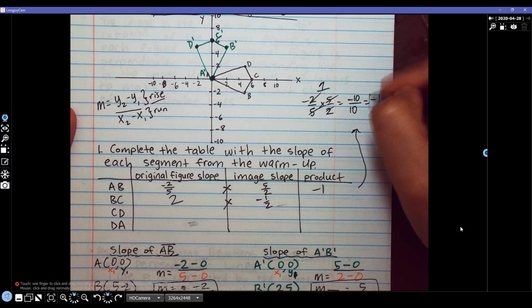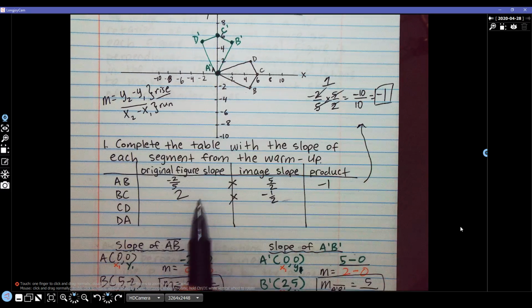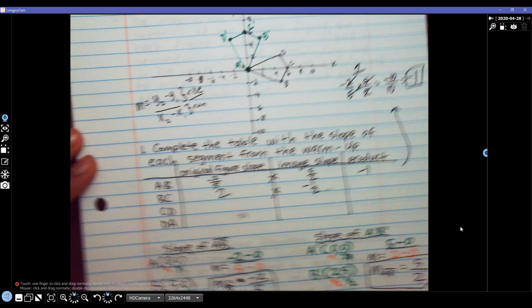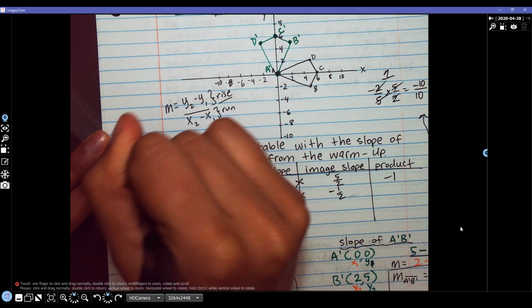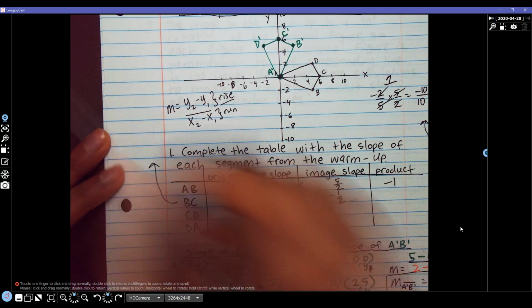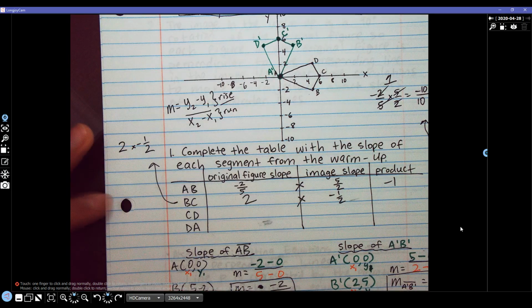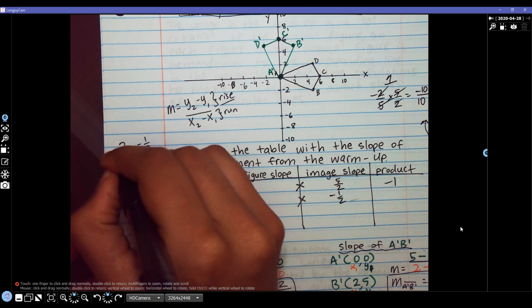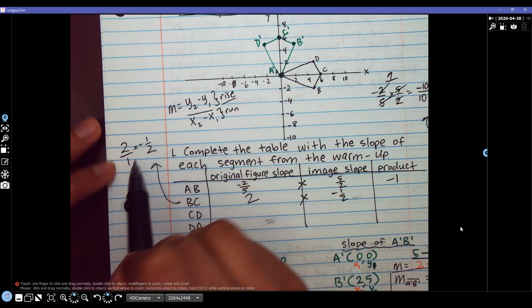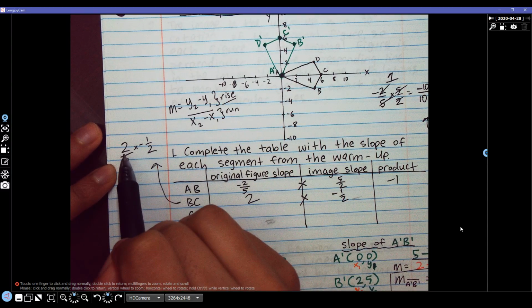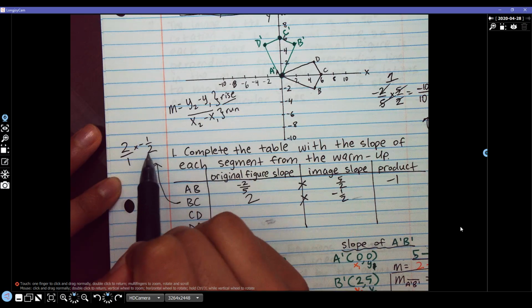All right, same thing with this one. So I'm going to put an arrow for this second row here. 2 times negative 1/2. And if it helps, you can imagine this is a 2 over 1. So if I see that I've got 2 on the numerator, 2 on the denominator, that's 2 divided by 2.